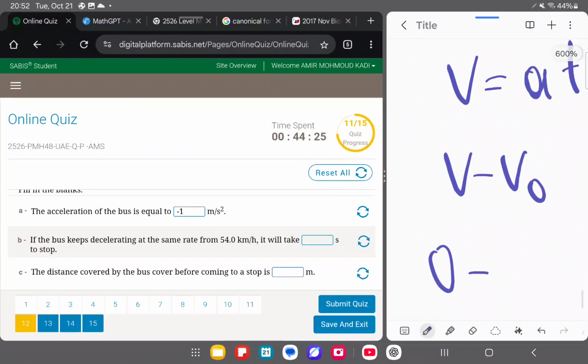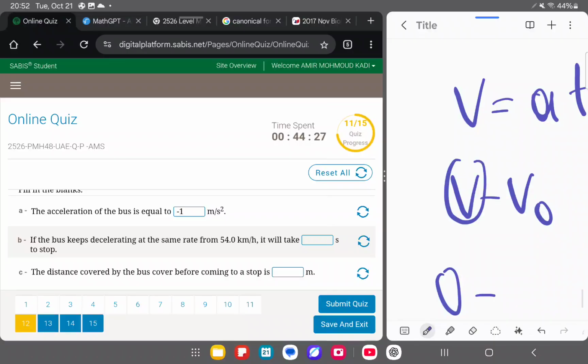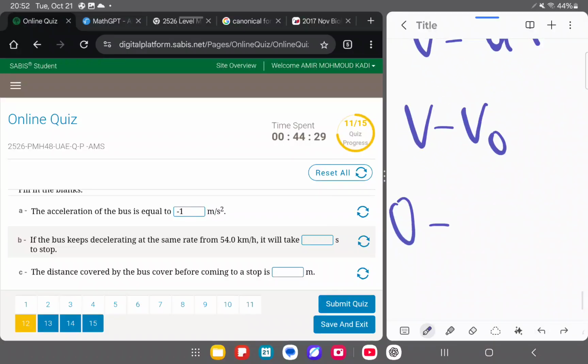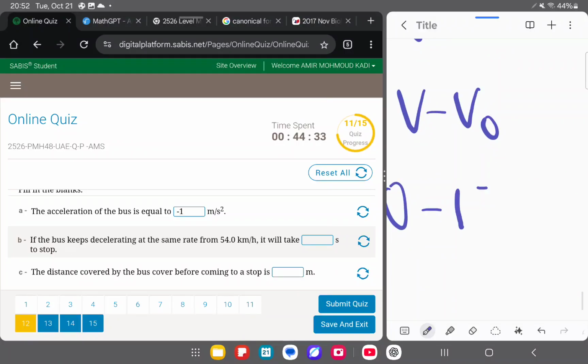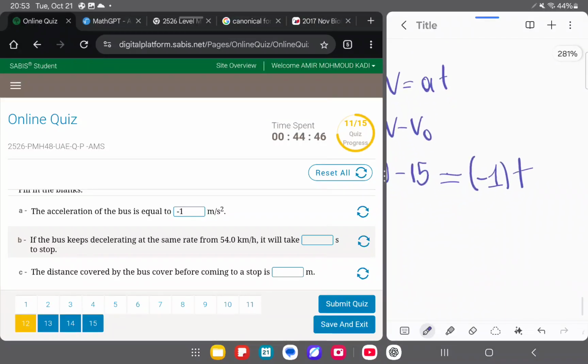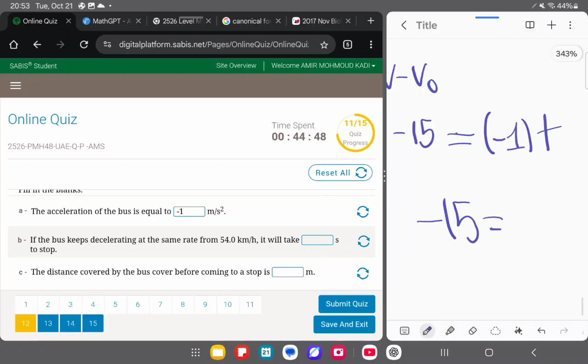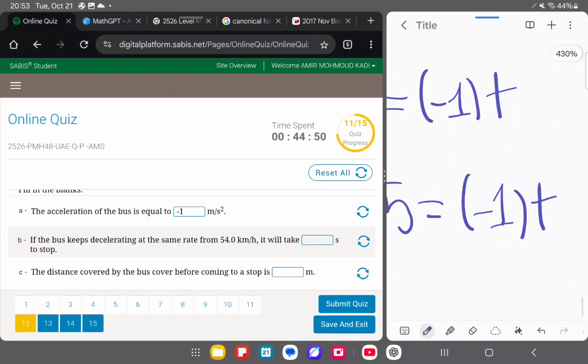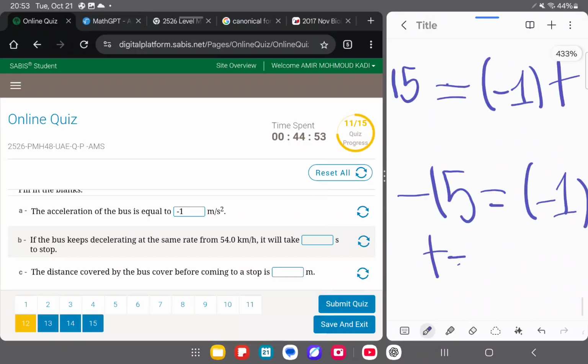Since if you wanted to go to rest, that means v represents v final, while v initial is 15 meters per second, not 54 kilometers per hour, so we do 0 minus 15. So delta v is equal to, and then we put the acceleration in, which is minus 1, and then t is our unknown value. So minus 15 equals minus 1 times t. T is then equal to 15.